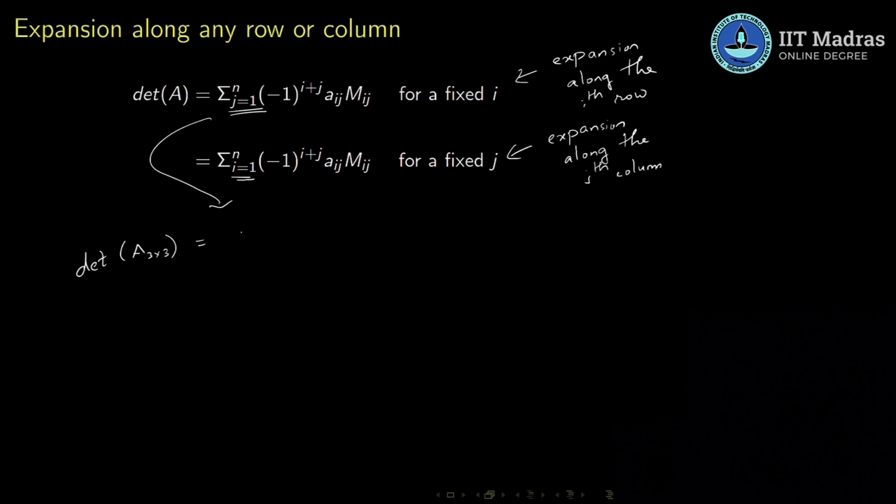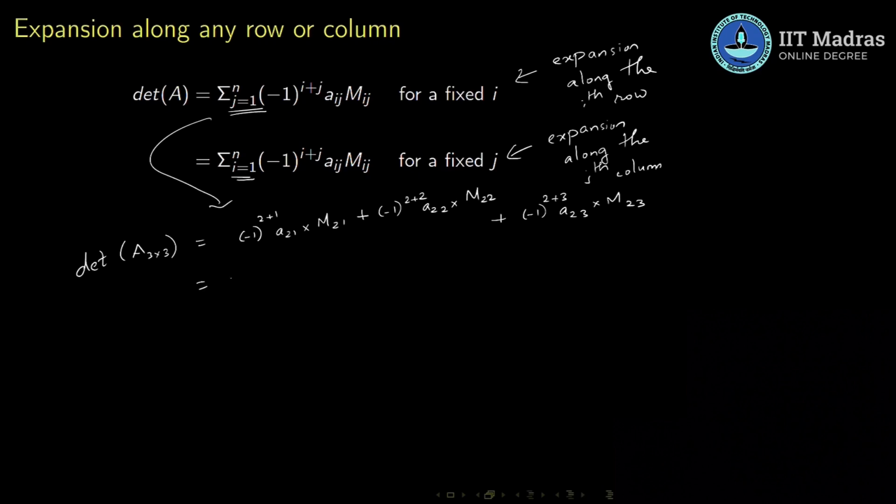So what you have to do is take minus 1 to the power, now i is 2 and j varies, so minus 1 to the power 2 plus 1 times a21 times the 2 1th cofactor, sorry, the 2 1th minor, plus minus 1 to the power 2 plus 2 a22 times the 2 2th minor, plus minus 1 to the power 2 plus 3 a23 times the 2 3th minor. My bad, this should be 2 2. Okay, so that is the expression.